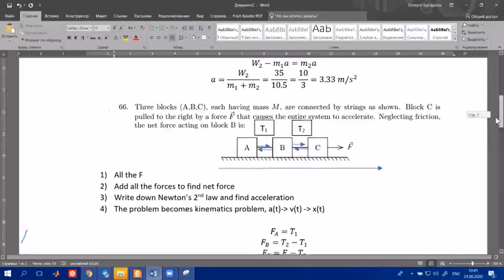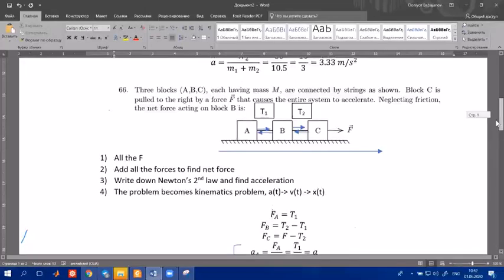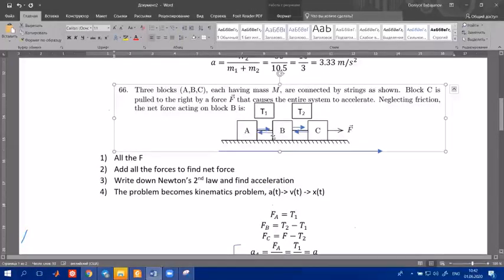Or you may think that F is 3ma, if all the masses are equal to each other.